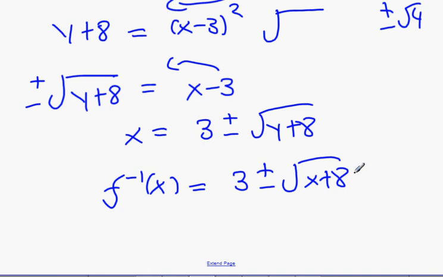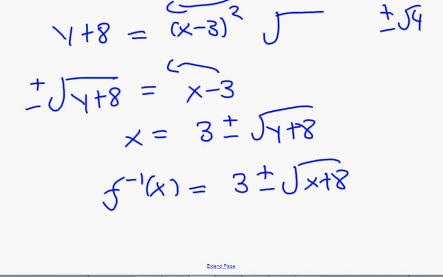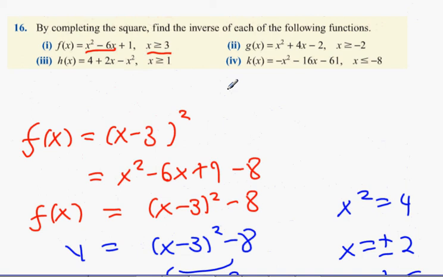Now, the problem here is it was a quadratic function to begin with. And this means that outputs and inputs can't necessarily interchange. Why can't they interchange? Because an output will have 2 different inputs. It means it's not a straightforward interchange. However, if you strike off half the graph, then it is a straightforward interchange.